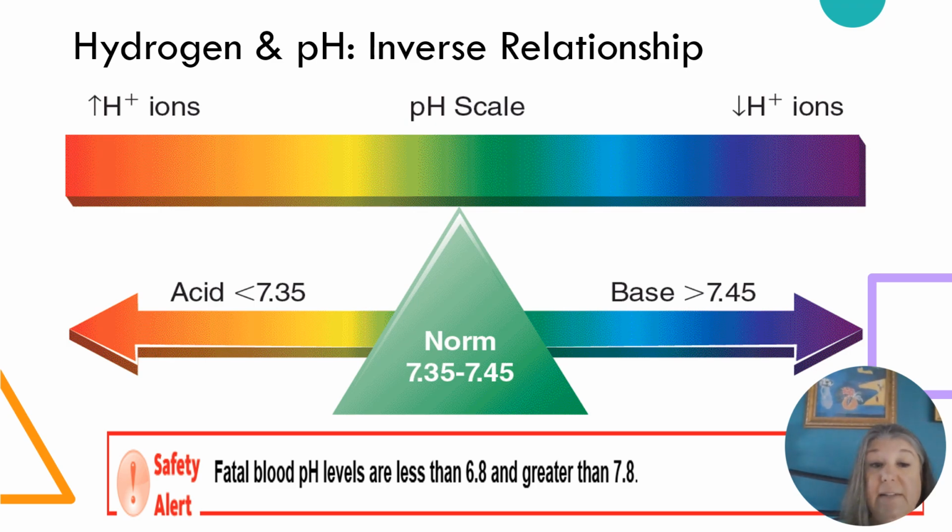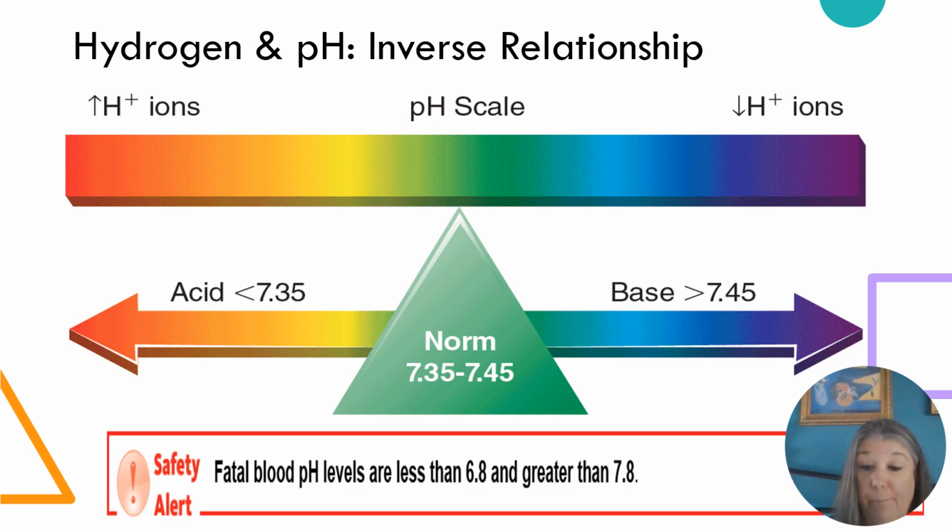So, as hydrogen ion concentration increases, pH decreases, and that is it becoming more acidic. As hydrogen ion concentration decreases, pH increases because it's becoming more basic, okay? So hydrogen ions cause our acidity.